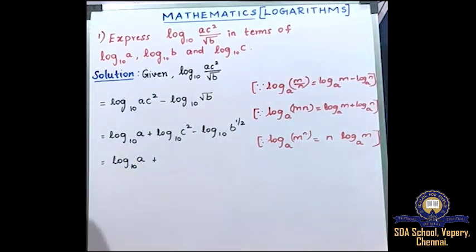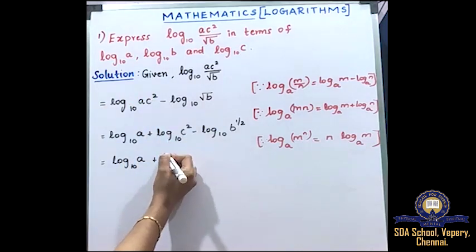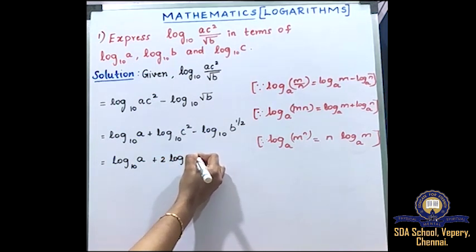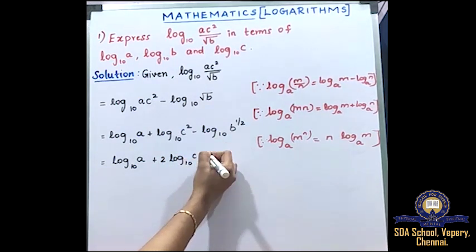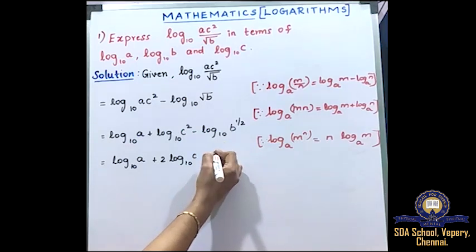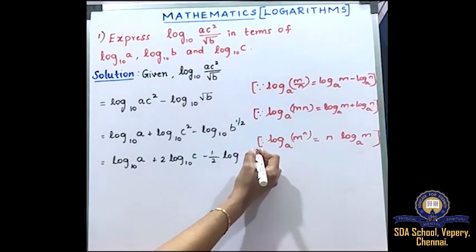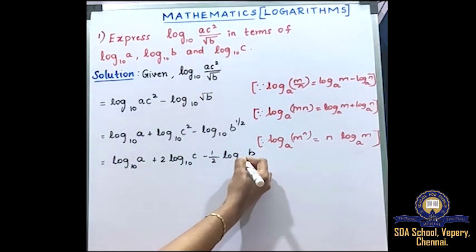According to this law, we can write the second term, where the n value is 2, as 2 log c to the base 10. Likewise, the third term, where the n value is 1 by 2, as 1 by 2 log b to the base 10.